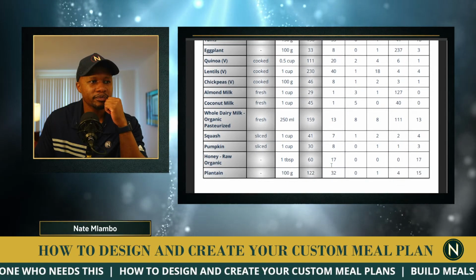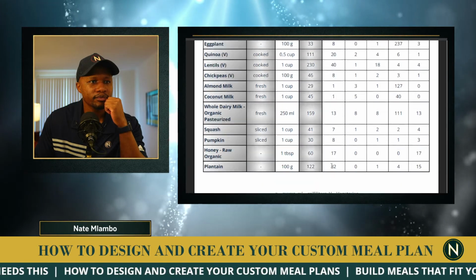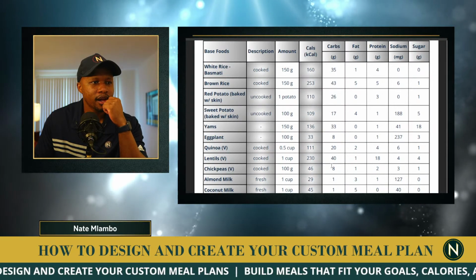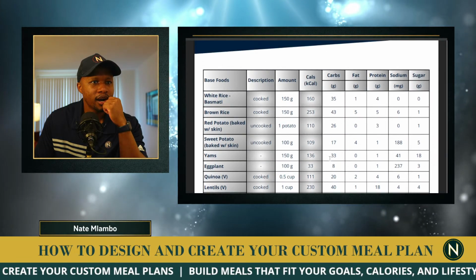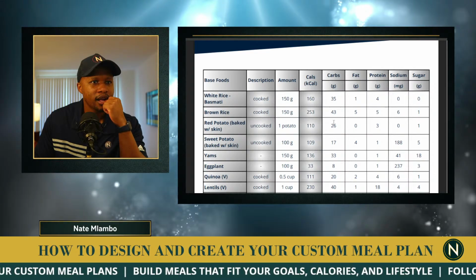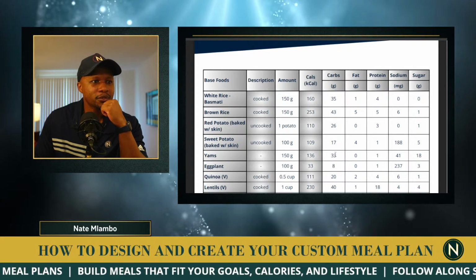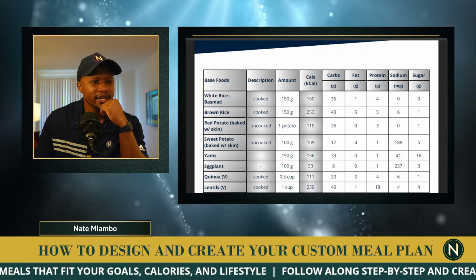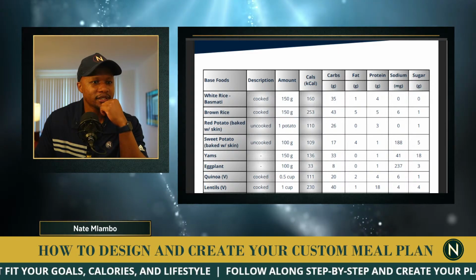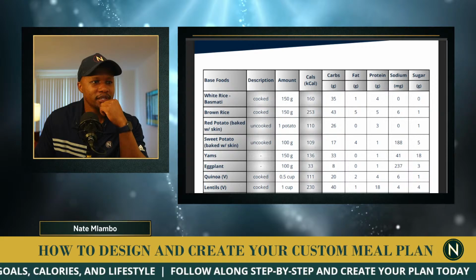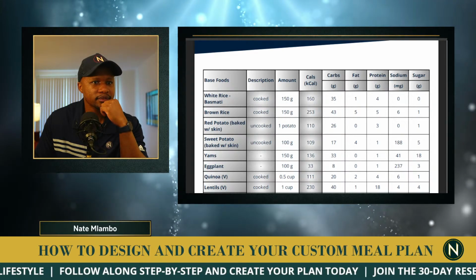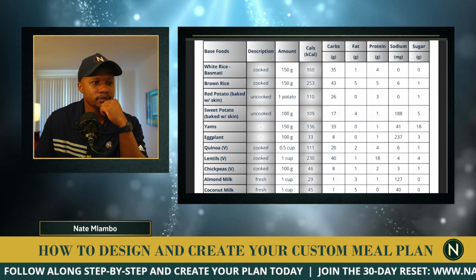Let's see. Hmm. So these are all carbs. So depending on your taste, what you want for breakfast, you can have, let's see, maybe I'll say, hmm, this is tough.